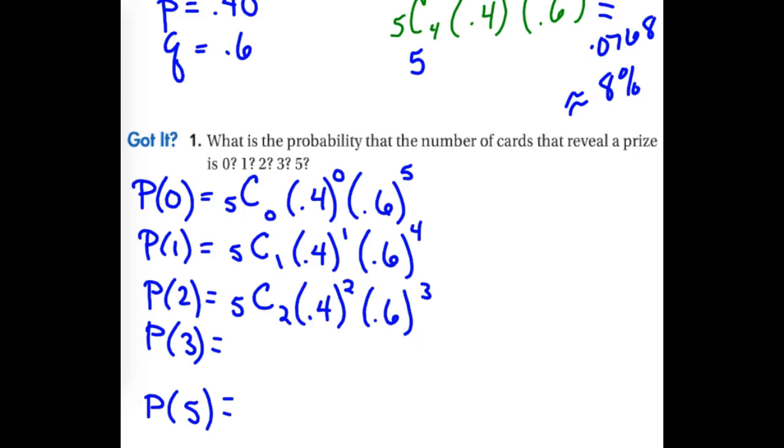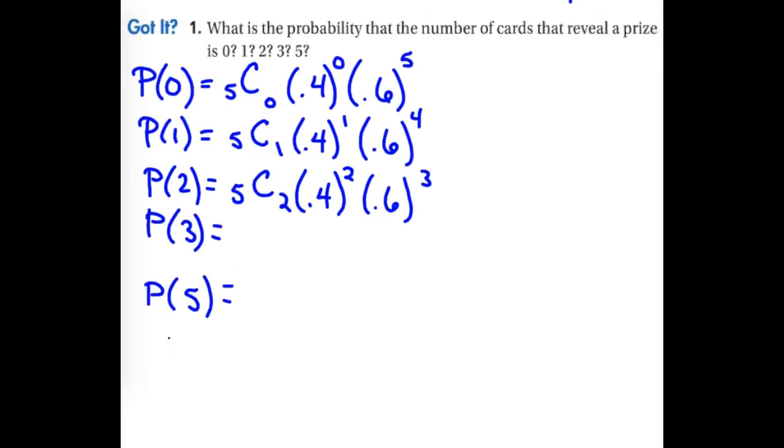All right, so what's the next one going to be? 5C what? Okay, it's not just Bo giving me an answer, right? Everybody, 5C3, then what? 0.4 to the? All right. I'm sure that picked up in the recording.